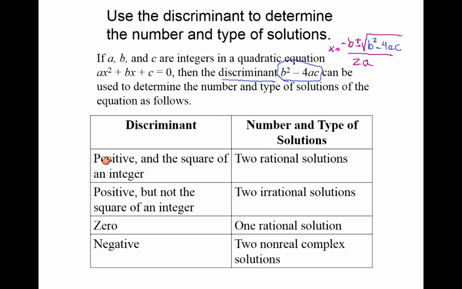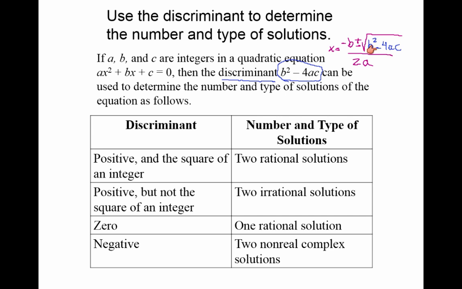Okay, if b squared minus 4ac, the discriminant, is positive and the square of an integer, like 4, then the solution would be minus b plus or minus the square root of 4 over 2a.